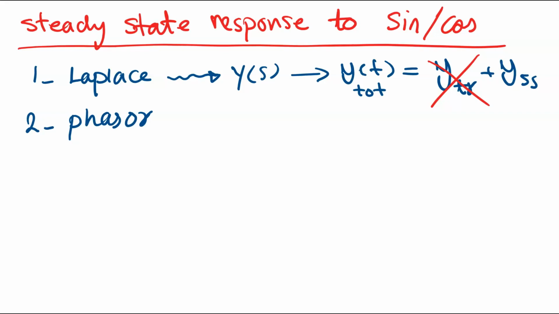But there is a problem with phasor: every time that you have a new source in your circuit, you have to do all your analysis again. If you want to change the frequency, because your impedances are related to the frequency, for example if you change your frequency from 10 to 100, then your inductor impedance will be 10 times more.